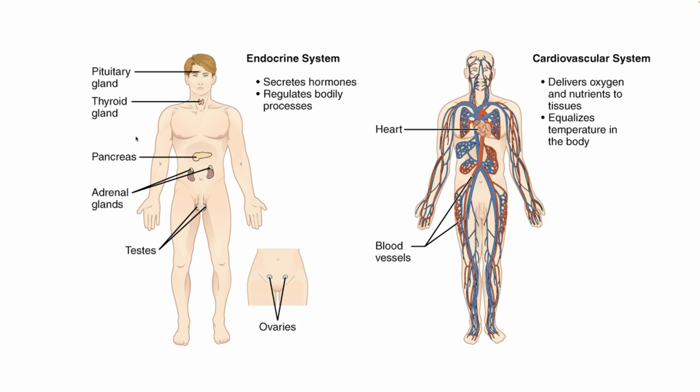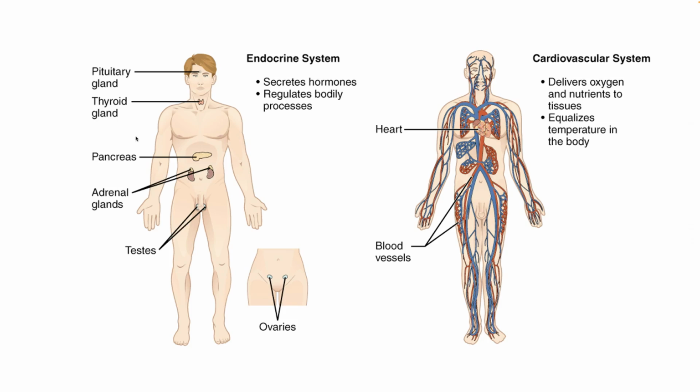You may, when you go get your blood test every year or periodically, have tests done for particular thyroid hormones to see if there's an issue with how that controls your metabolism. These glands include the pituitary gland that's located in your brain, the thyroid gland, the pancreas, the adrenal glands that sit atop the kidneys, and then based on the sex, either testes for male or ovaries for female.